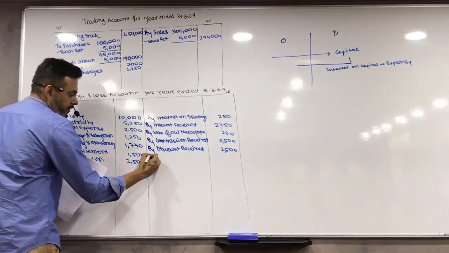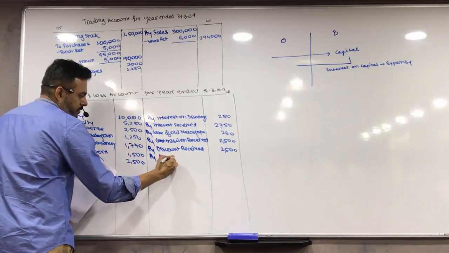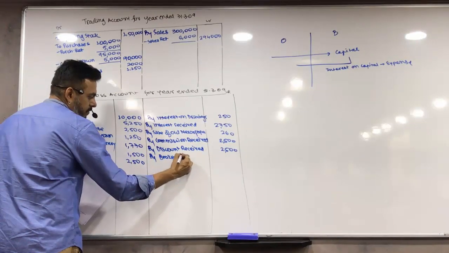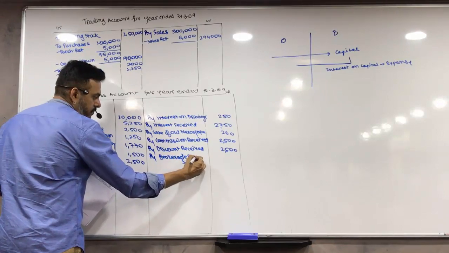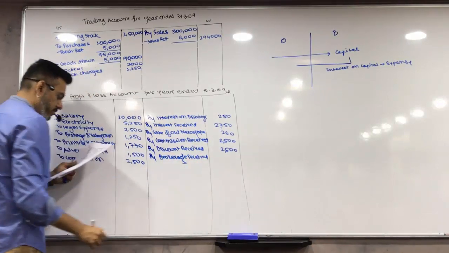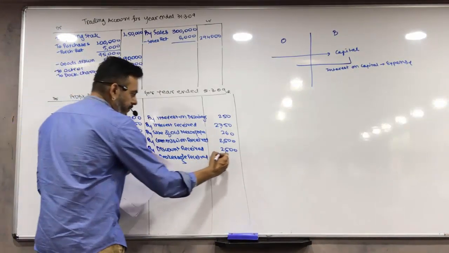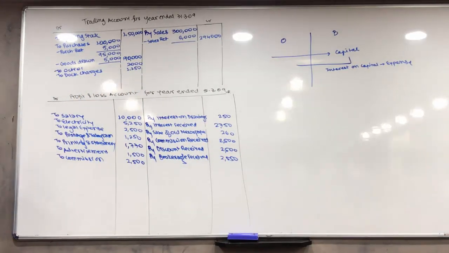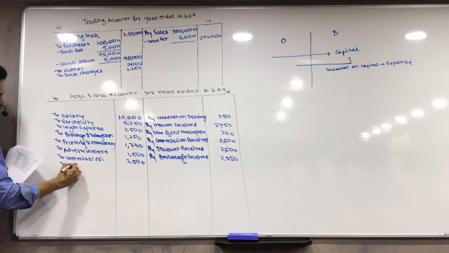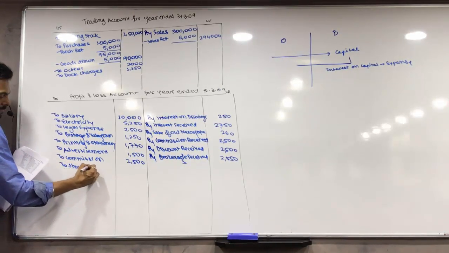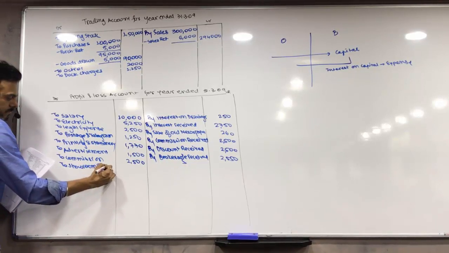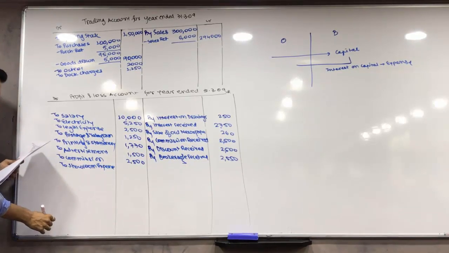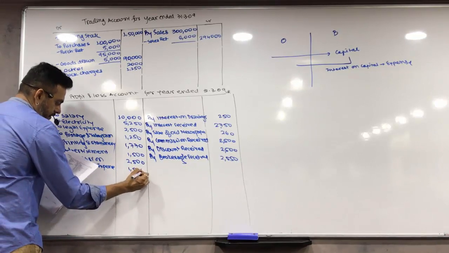By brokerage received, 2,550. To showroom expense, 1,500.